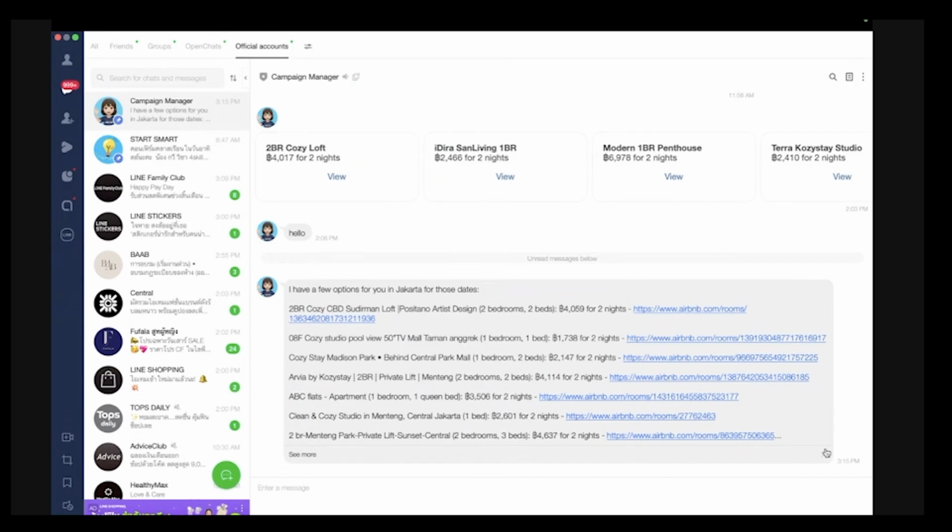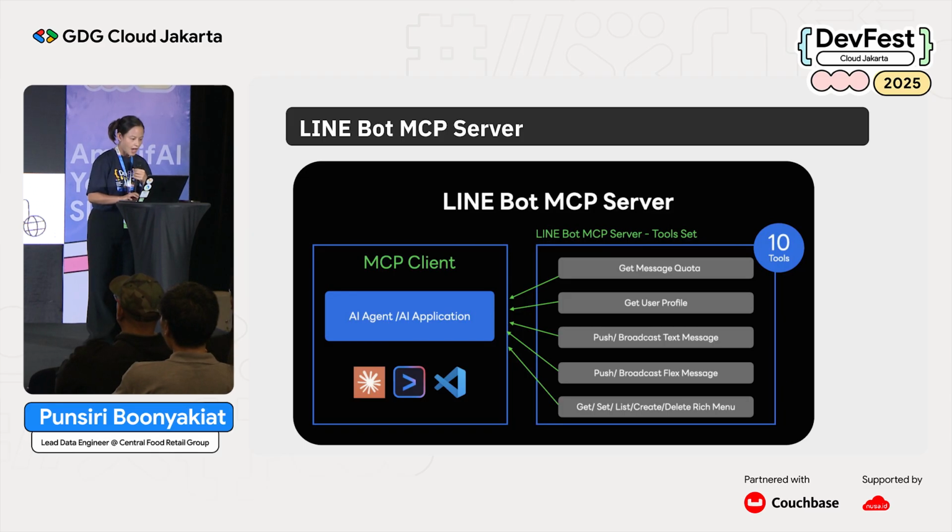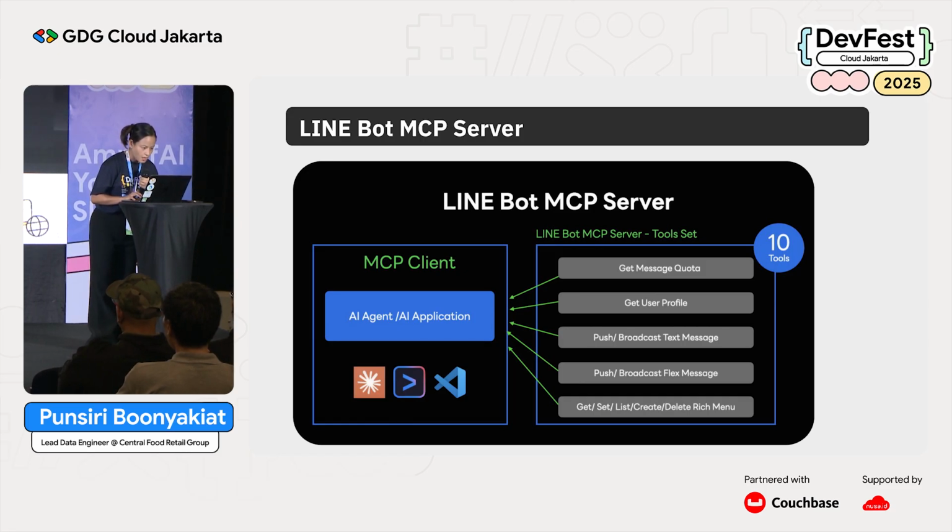But let's think about the pieces of a jigsaw for what you want to build as your service. Maybe we do a campaign manager of travel, maybe a travel agency, when you have more sets of tools. So this is the demo of the Line chatbot MCP tools.